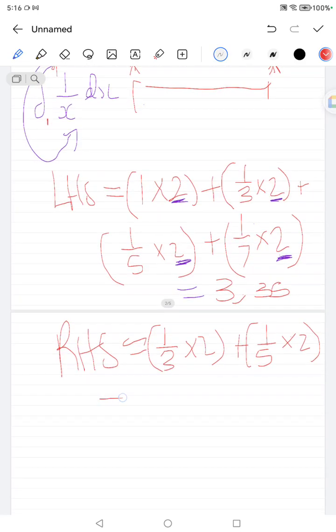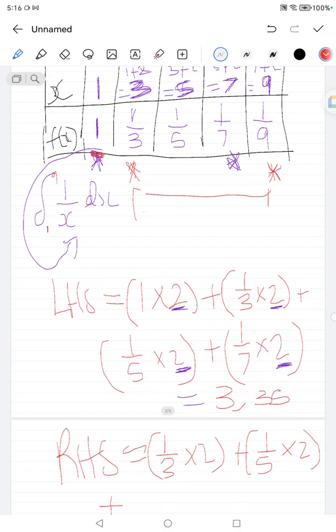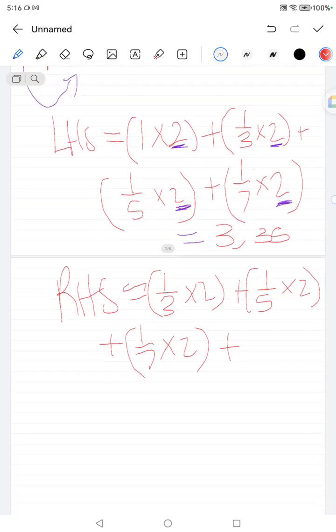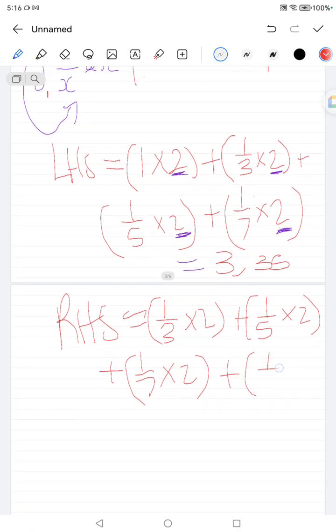Then you say plus 1 over 7 by 2, plus 1 over 9 by 2. Then you can also find the value for that one.